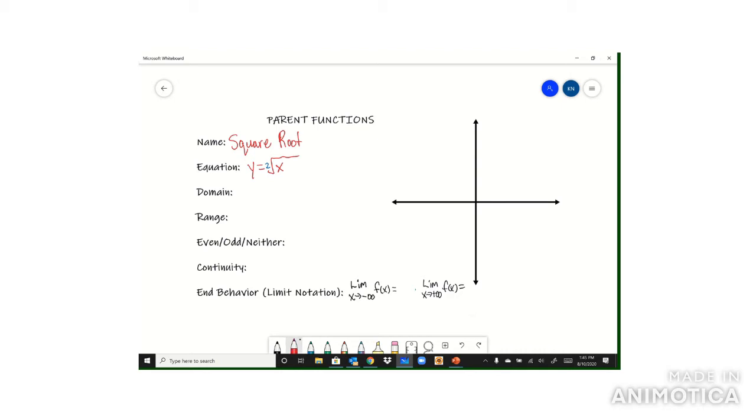Okay, square root function looks something like this. And it might look like it levels out here, but it continues to rise forever. So the domain, the furthest left it can go is 0. And the furthest right is infinity. And then the range, the lowest it can go is 0 as well.